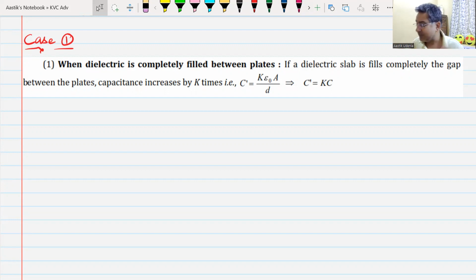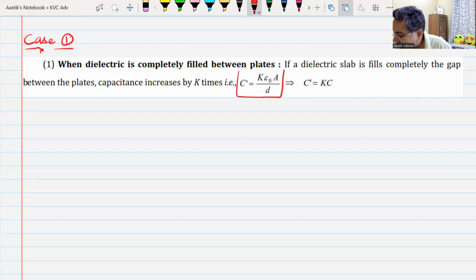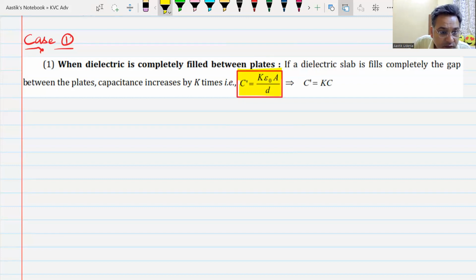We have seen that the capacitance becomes K times the original capacitance. Yes or no? Yes, sir.